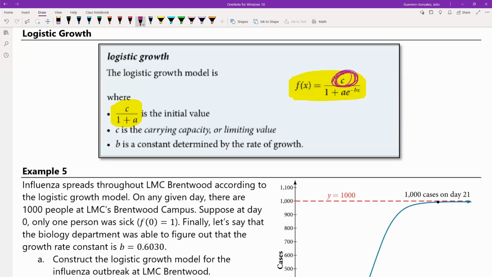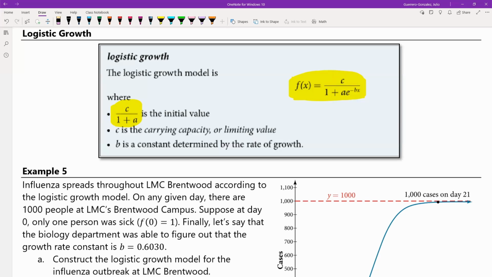This is something that the exponential model doesn't come pre-built with. Since nothing in the universe is infinite, there's got to be a maximum somewhere, some way. That's what this C is taking care of.